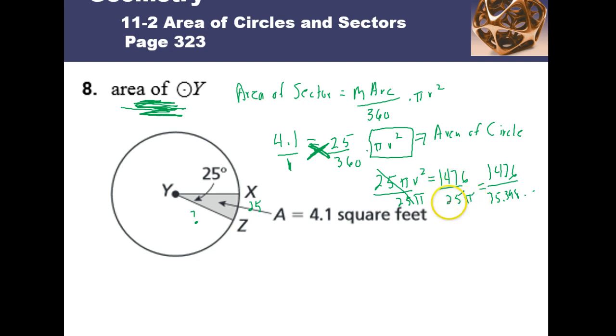So you do 1476 divided by 25 equals, and then divide by pi, and we should get the same answer. So okay, wait a second. 25 pi.